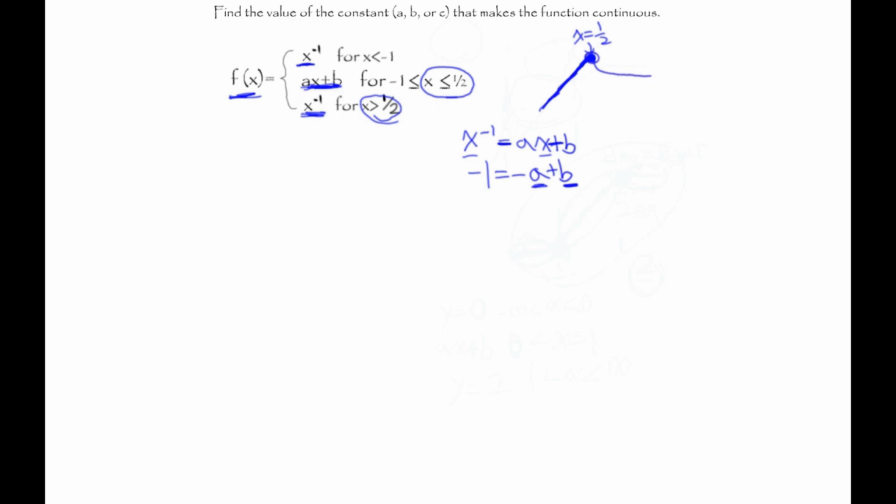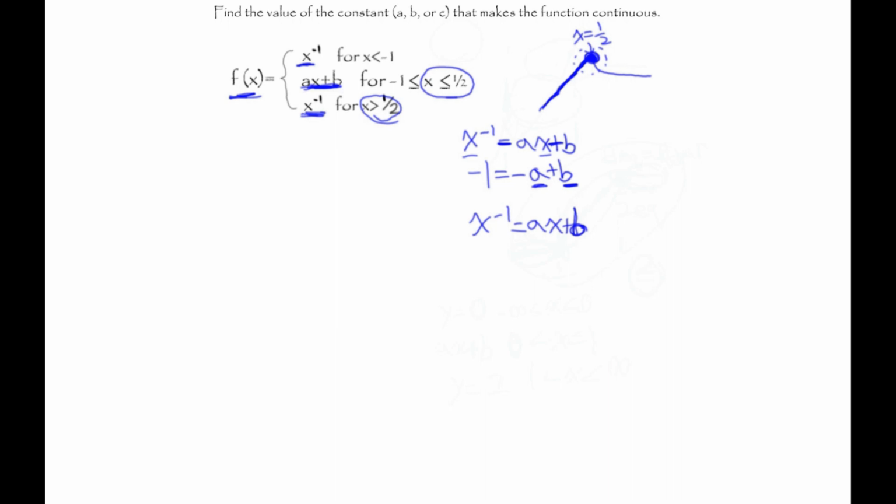And even though that has an open circle, the ax plus b had a closed circle, so it's a defined point there, making that continuous. And it also tells us, once again, there's a solution at this point. Hence, we can make another equation in which we set the value of these two equal to each other.